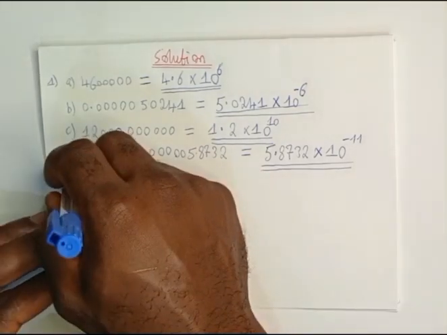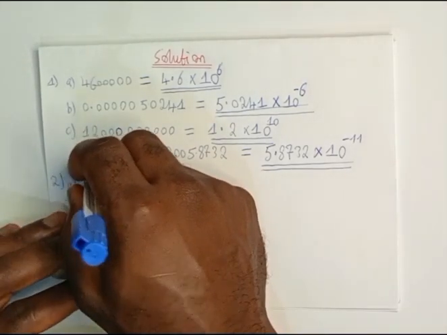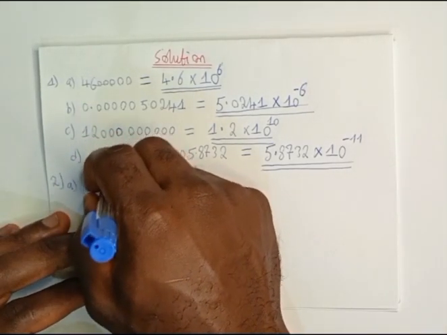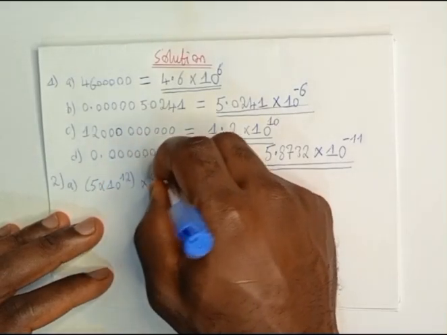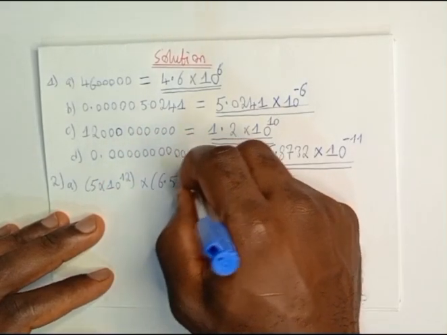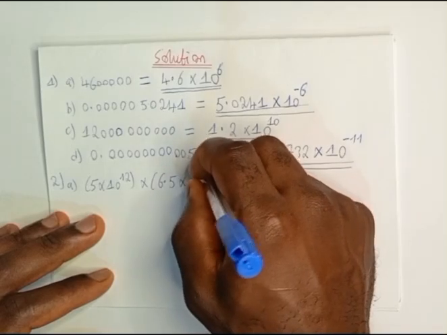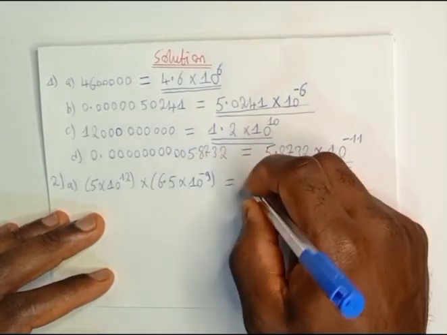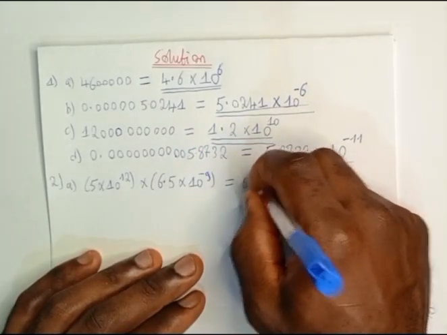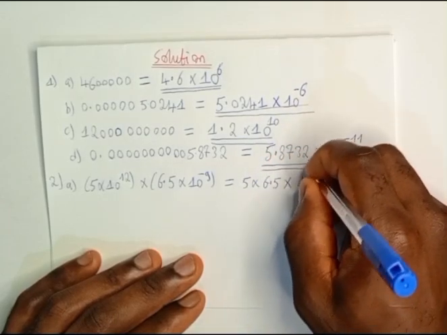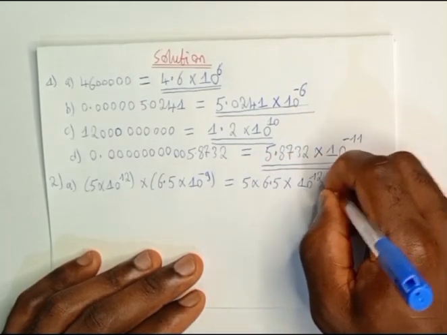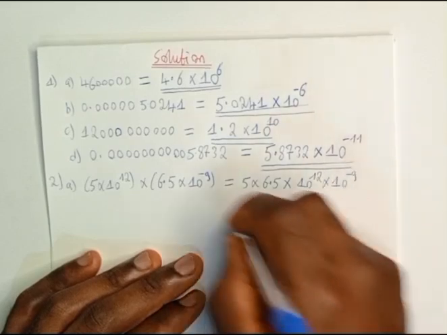For A, we have the product 5 times 10 to the power 12 times 6.5 times 10 to the power negative 9. This will simply be equal to 5 times 6.5 times 10 to the power 12 times 10 to the power negative 9.